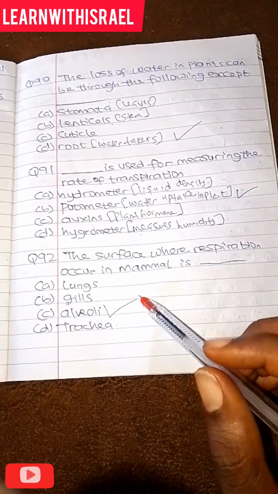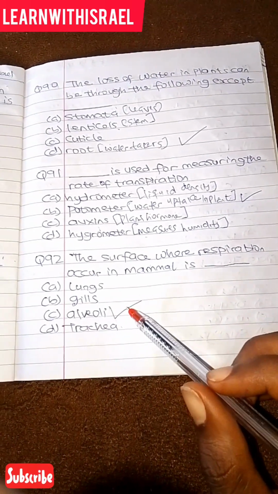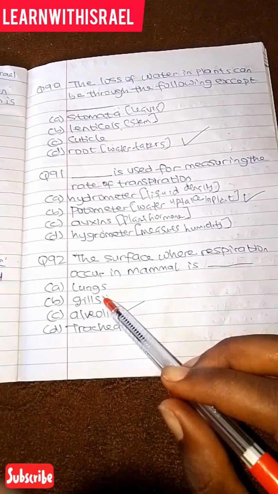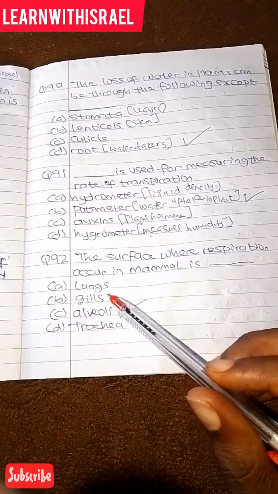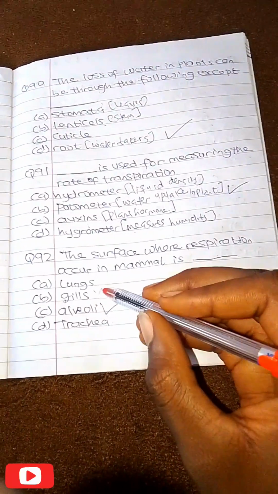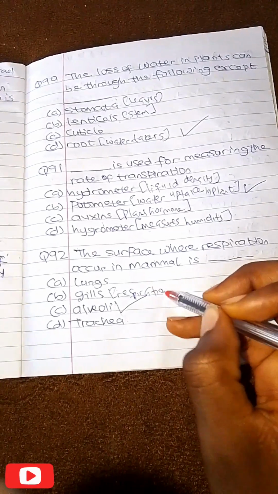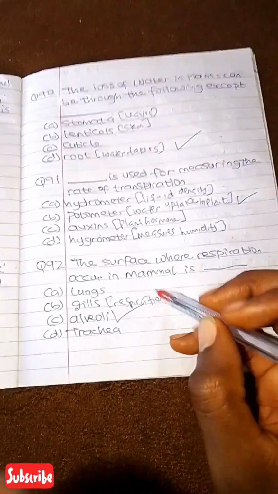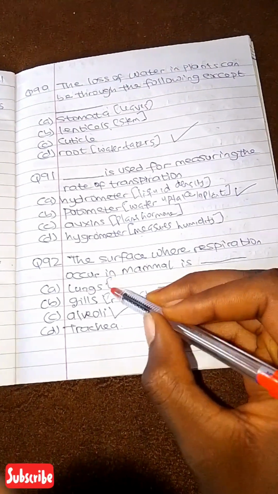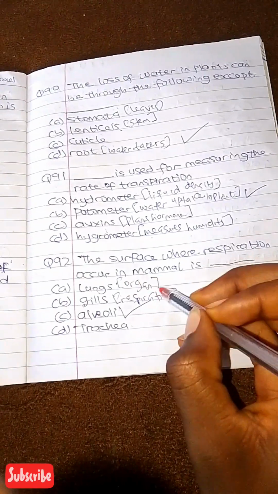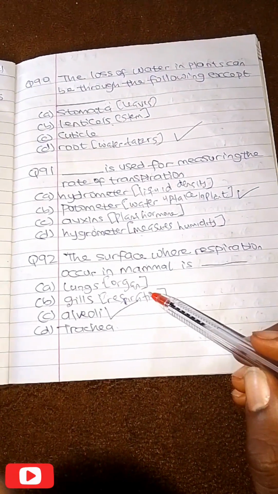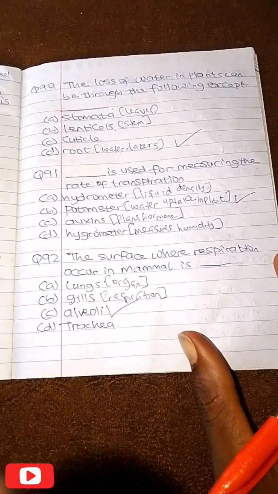Alveoli is the surface where gas exchange occurs. While gills are located in the fish, which aid respiration in the fish. While lungs are an organ where respiration occurs in humans. So let's continue.